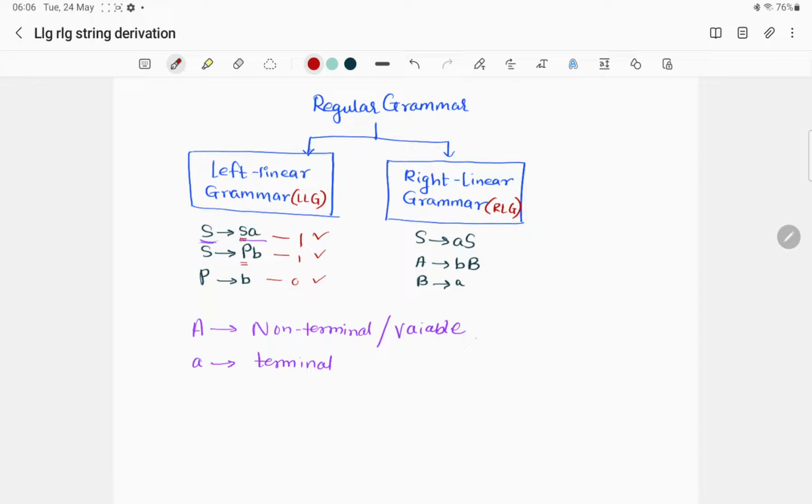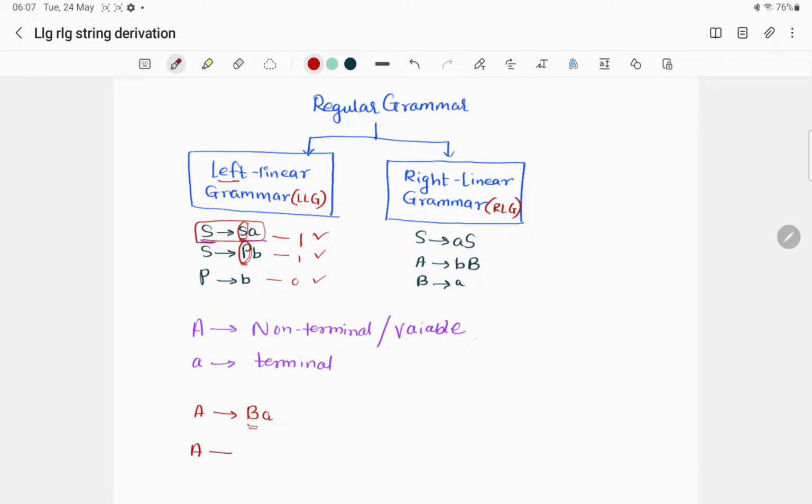If you have a non-terminal in your rule, make sure the non-terminal appears as the leftmost symbol in your right hand side. So here B is the leftmost symbol on the right hand side. I can say this particular rule A giving B a is also left linear because the non-terminal is appearing as the leftmost symbol.